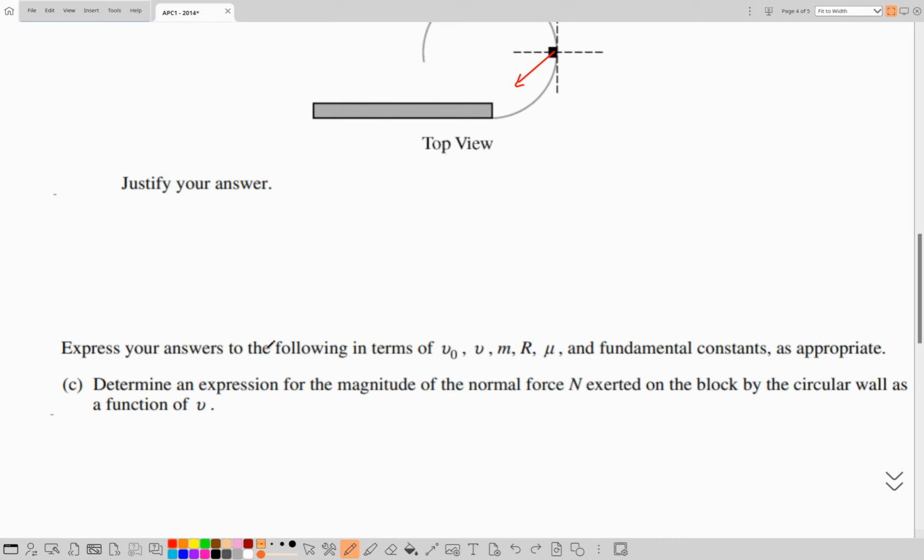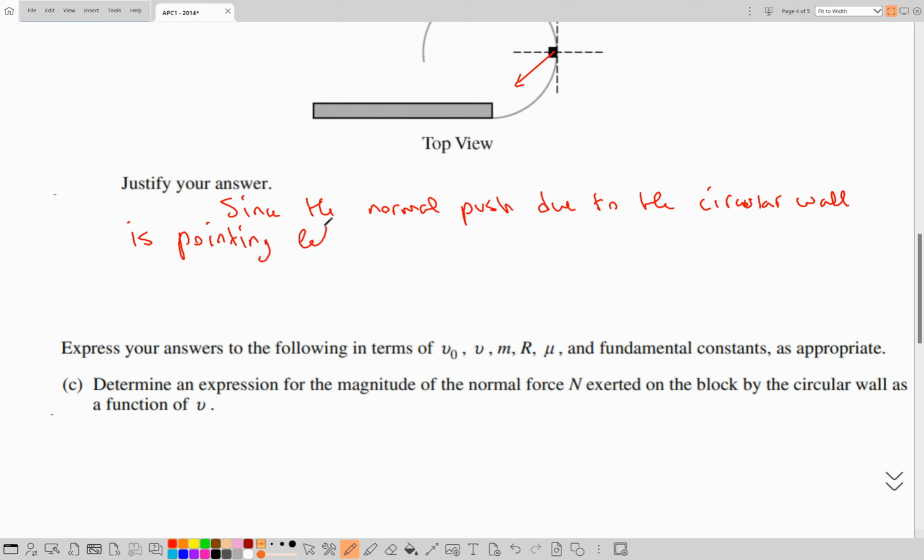And now let's justify our answer. So since the normal push, and here let me specify due to the circular wall, is pointing left, and the friction, and also let's specify friction with the circular wall, is pointing down.